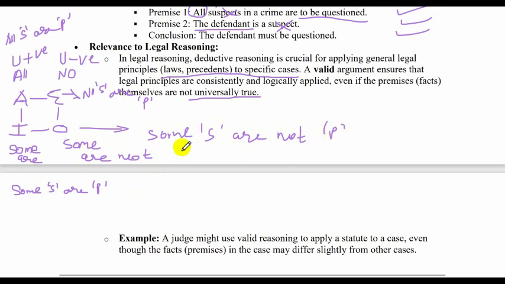So this is the four-way division of propositions into A, E, I, O. All S are P is universal positive. E is universal negative. I is considered particular positive, because it relates to some, and O is particular negative.